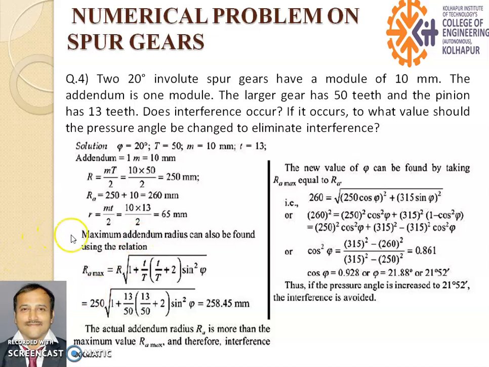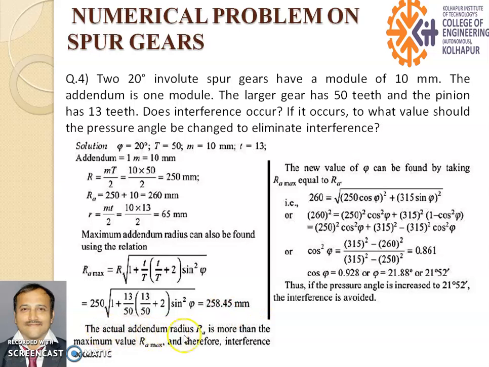The maximum addendum radius can be found using the relationship Ra max is equal to R under square root 1 plus small t divided by T, inside bracket small t divided by T plus 2, outside the bracket, sin squared phi. If you substitute capital R, small t, capital T and phi values in this relationship, we can calculate Ra max, which is 258.45 mm.